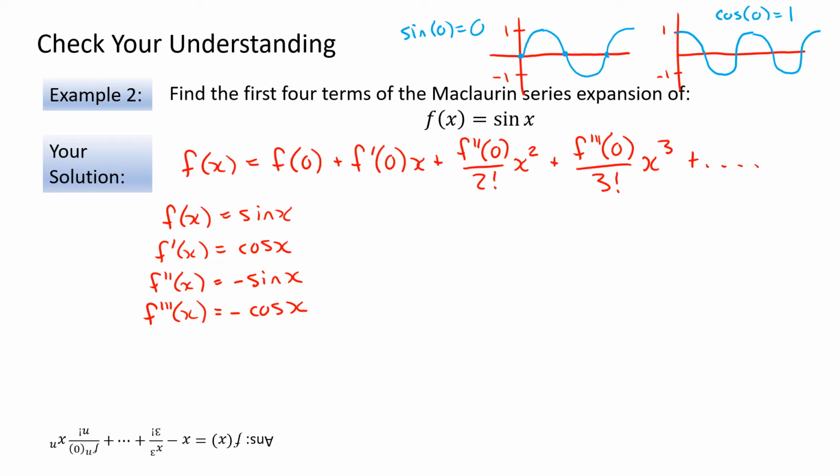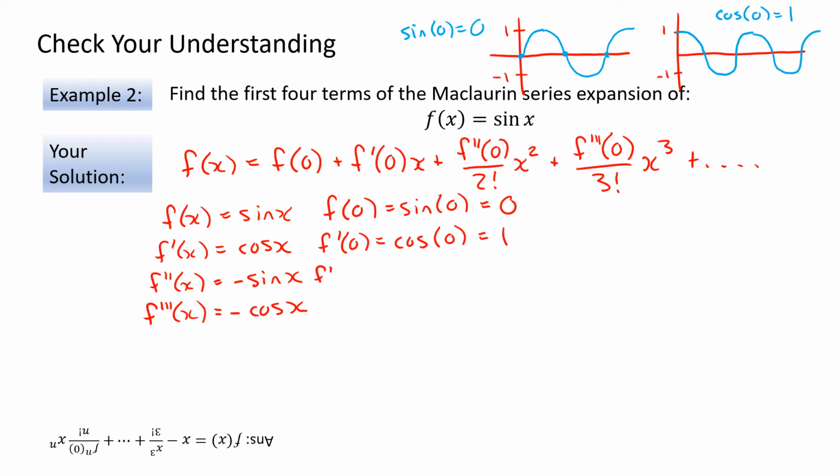So for each of these, we have to find the value at x is 0. So the first function, f at 0, is equal to the sine of 0, which, as I mentioned, is 0. The derivative, f prime at 0, is equal to cosine at 0, which in this case is 1.